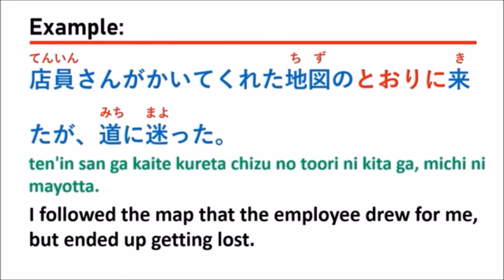Kita ga michi ni mayotta. Tori has the meaning of as another told or another introduced. So in this case, they say 店員さんが書いてくれた地図の通りに来たが道に迷った, which means I followed the map that the employee drew for me, but or however ended up getting lost.